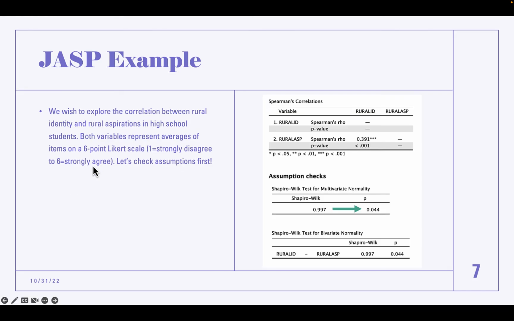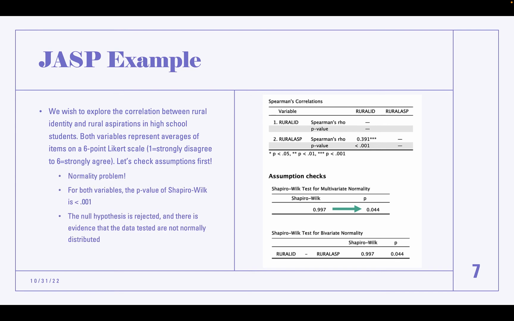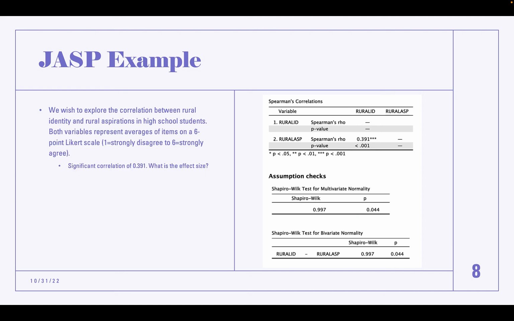All right, so going back to our results, we do see that the Shapiro-Wilk is 0.044, so we've got a problem there, and the null hypothesis is rejected, and there's evidence that the data tested are not normally distributed. All right, so when it comes time to interpret the correlation, we see a significant correlation of 0.391. Is that also an effect size?